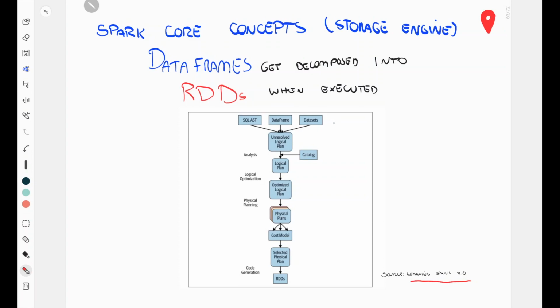I'm not going to go through that, because it's not the focus of the video, but I wanted to highlight that even though data frames can seem better for handling data usually used in companies, they are based on RDDs. They are an upgrade, and when they are executed, they get decomposed into RDDs.